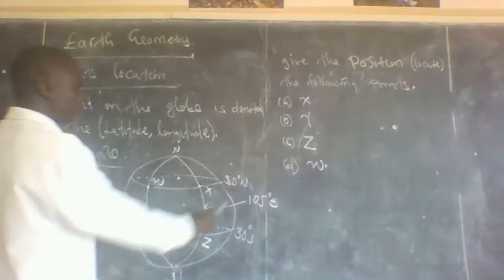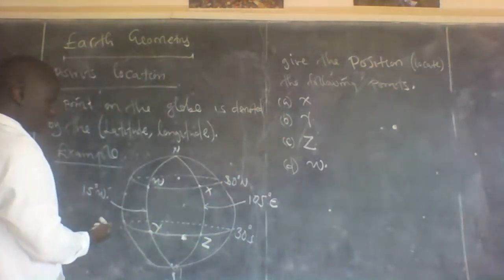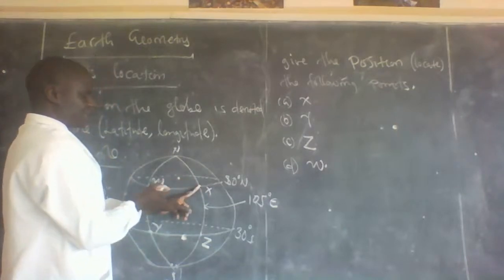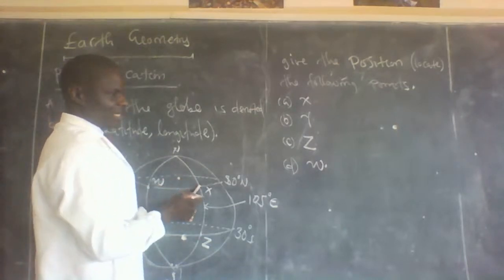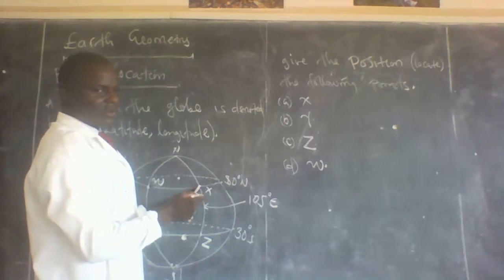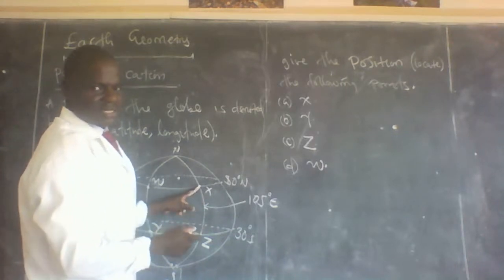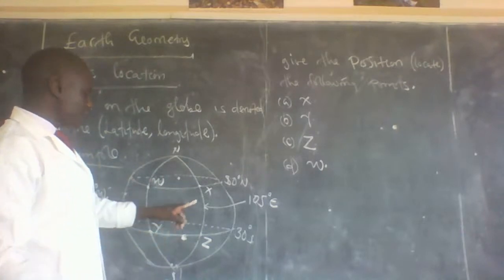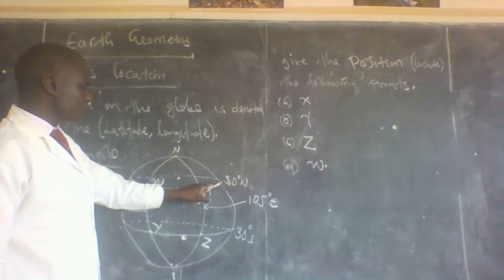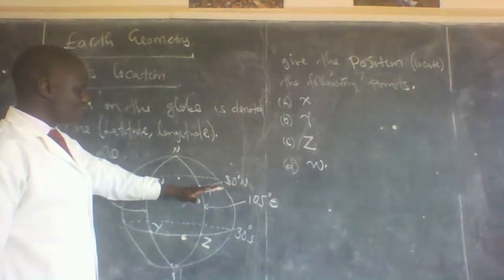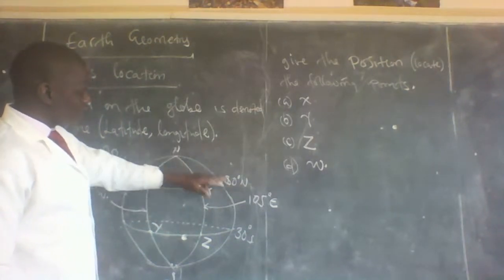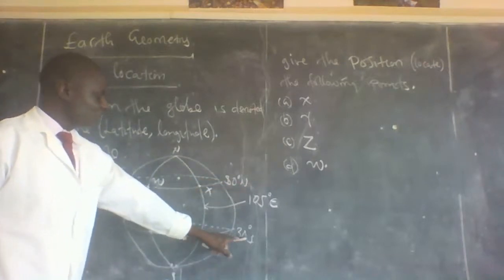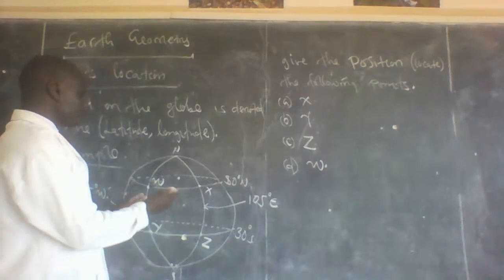If you look at the first point, which is our x, where is our x? Our x is here. So what is the latitude on which point x is standing? You will find that the latitude can either be on the north or on the south.